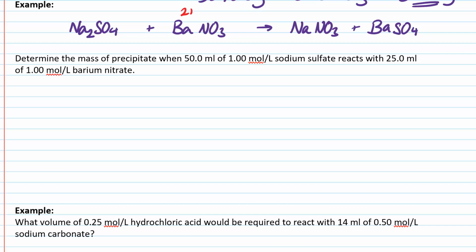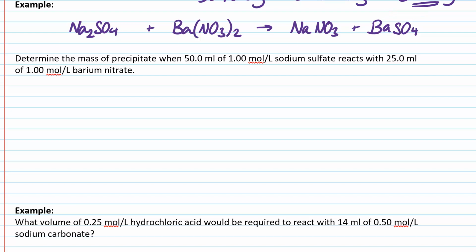Barium is 2+, whereas nitrate is 1-, so you'll need 2 nitrates. We'll put brackets around the nitrate and a 2 to show that we have 2 nitrates to balance the charges. Sodium nitrate: sodium is +1, nitrate is -1, that's all good. Barium sulfate: barium is 2+, sulfate is 2-, that's all good.